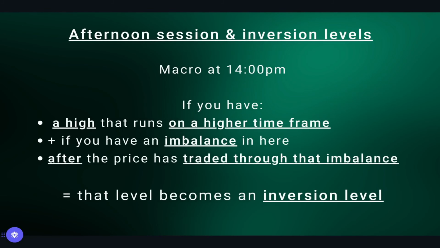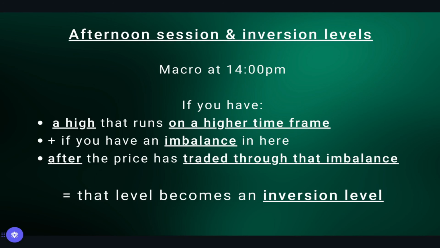So let me tell you a little bit about the afternoon session and the inversion levels. There is a macro that happens at 2 p.m. If we have a high that runs on a higher time frame, plus if at the same time we also have an imbalance in there, after the price has traded through that imbalance, that means that level will become an inversion level.